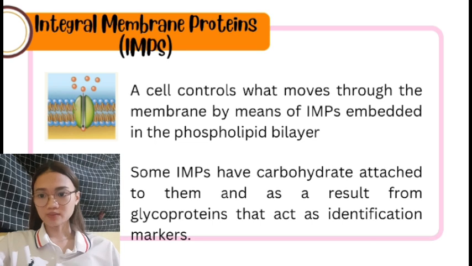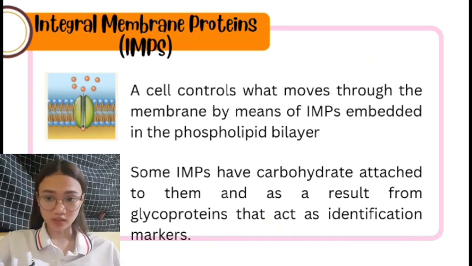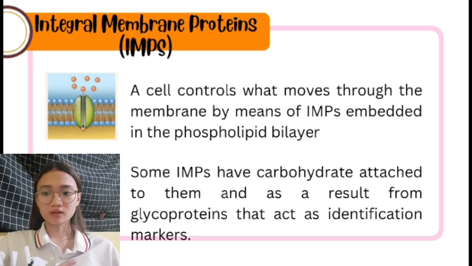Next, some IMPs have carbohydrate attached to them, and as a result, form glycoproteins that act as identification markers. Some IMPs have carbohydrates or sugar molecules attached to them to form the glycoproteins.